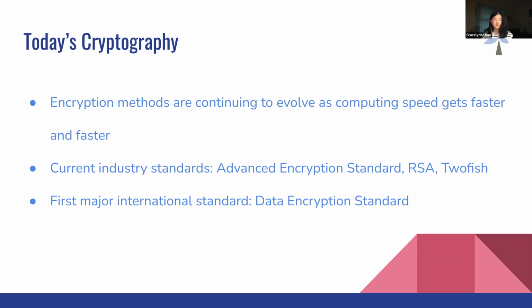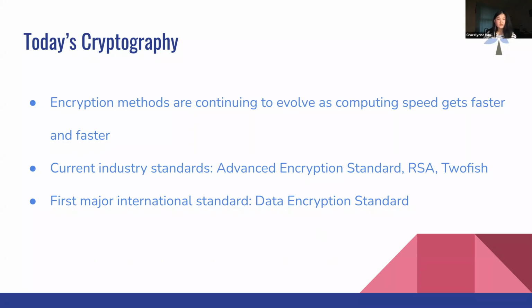And this was the first major international standard. Now, the Data Encryption Standard is rendered more or less useless because computers have been shown to be able to hack basically anything that uses this standard. So new encryption methods continue to be proposed, designed, and tested to create safer, less hackable methods for passing information.